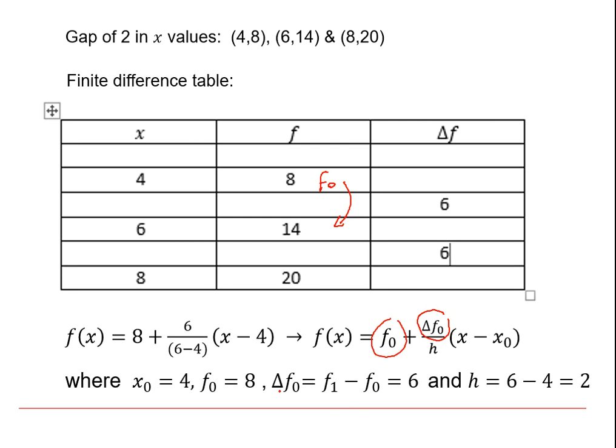So delta f0 is f1 minus f0, and then the letter h is normally used for the increase in x, which has to be the same each time. So that's h equal to 2 there.